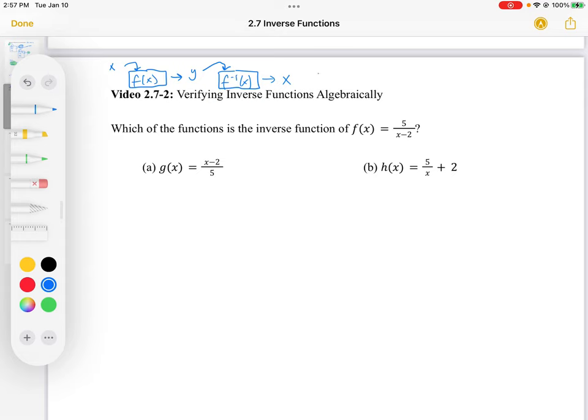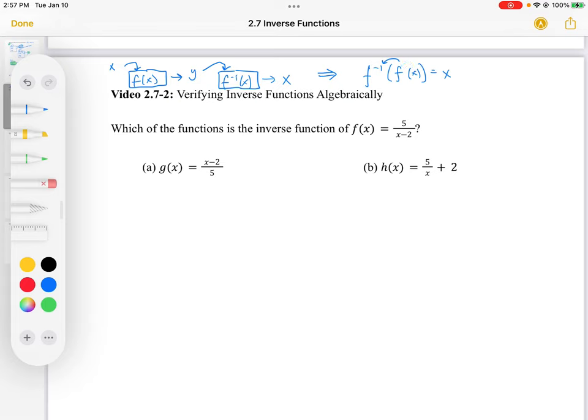So this relationship is generally written as such using function notation. This means that we're taking our original x, plugging it into the original function, then taking that output and plugging it into the inverse function, and we are getting x in return.